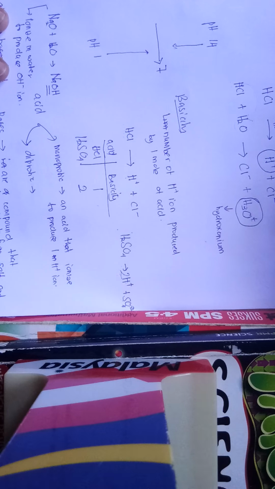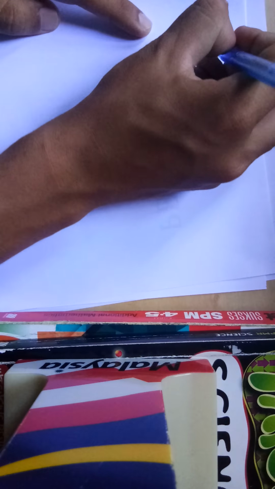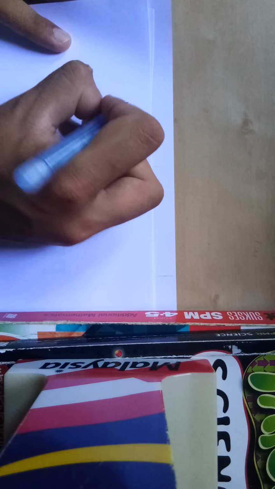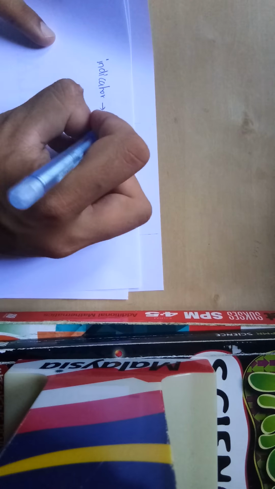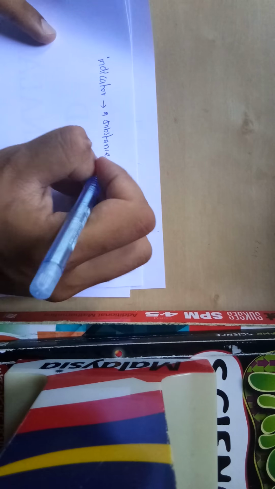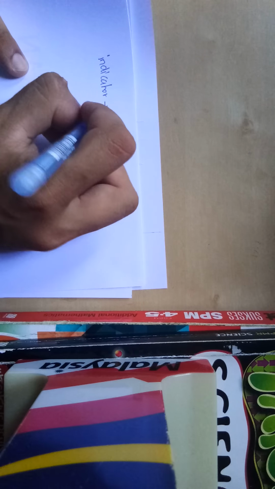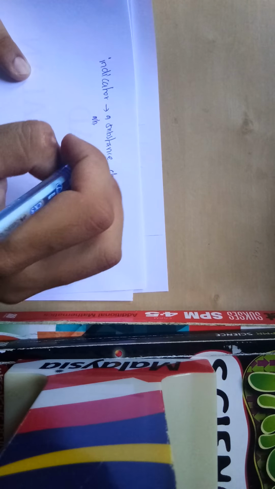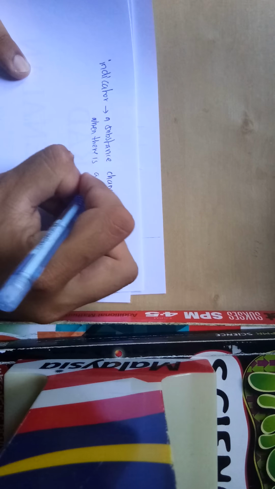Okay, so to know that the reaction has already reached pH 7, we should put indicator. So what does it mean by indicator? Now we will move to indicator. An indicator is a substance that changes color when there is a chemical reaction.